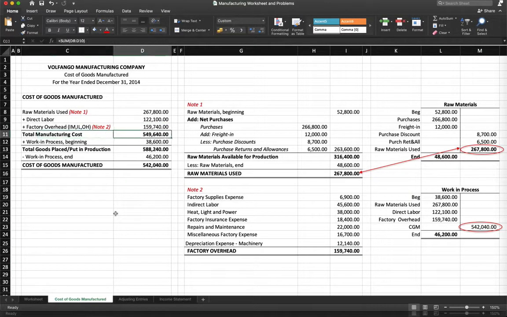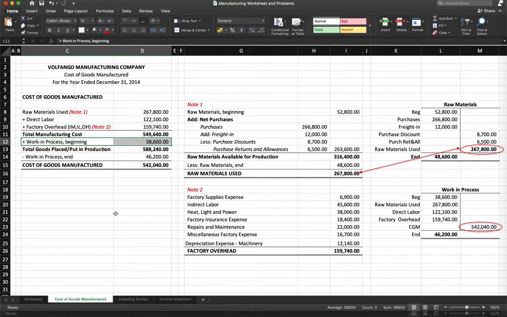And we totaled that. So, we got the total manufacturing cost during the period. Yan yung mga cost ng mga nilagay sa production during the period, 549,640. Plus the work in process beginning. Ito yung mga natirang hindi pa natatapos na goods during the period. Yun yung mga placed into production but are not yet finished at the end of the period last year.